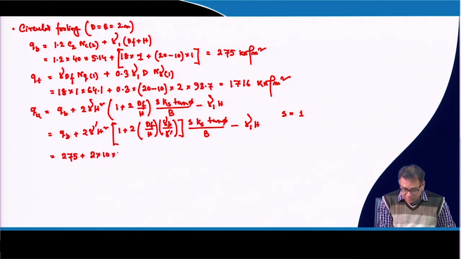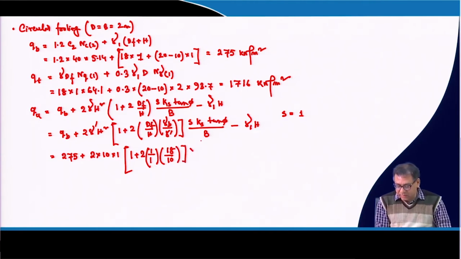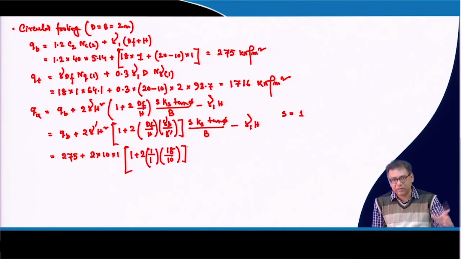10 into 1, into 1 plus 2, 1 divided by 1, this is 18 divided by 10, S I have taken equal to 1, and Ks again it will be 3.5, because I have already mentioned that for different cases of footing we have to consider QT by Q1 for strip footing.